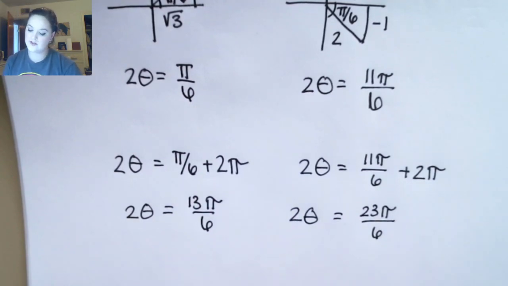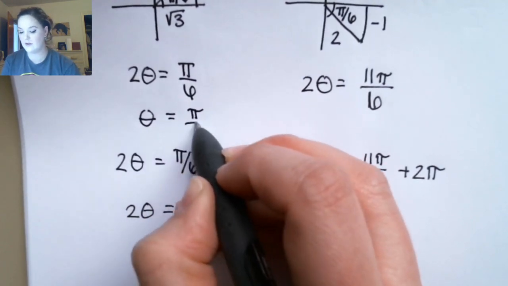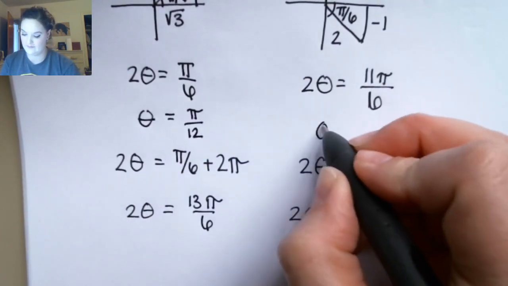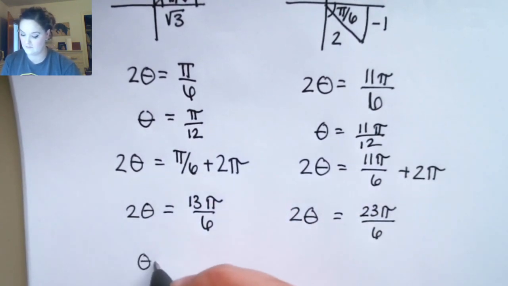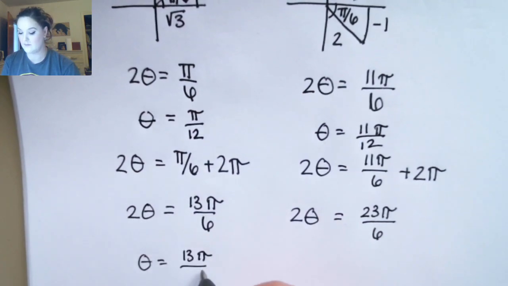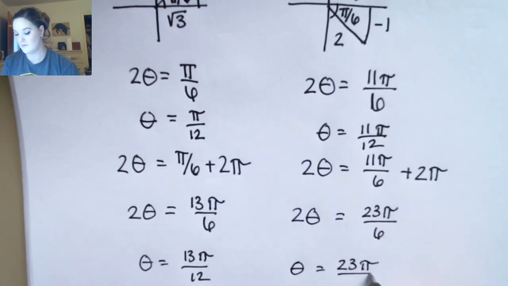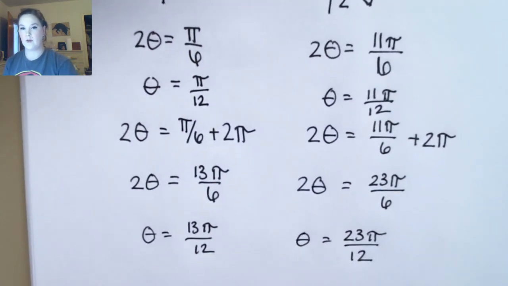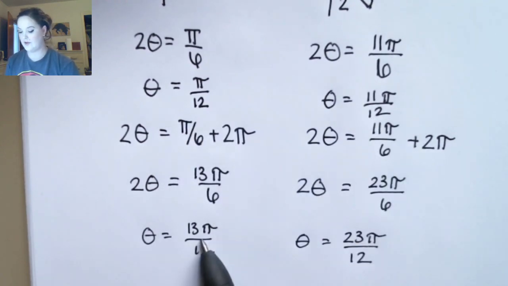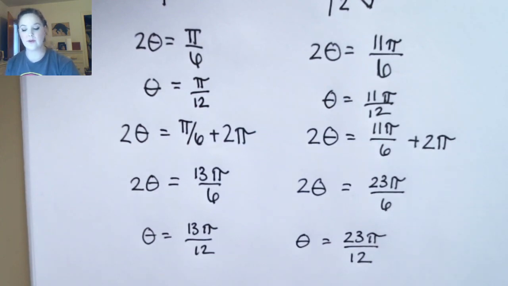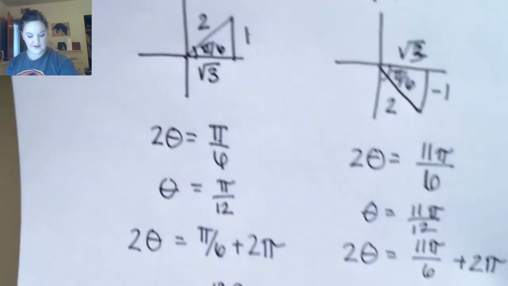Okay, and then the last thing there is to do is just divide everything by 2 to find theta. Okay, so there's my 4 solutions: pi over 12, 11 pi over 12, 13 pi over 12, and 23 pi over 12. All right, let's look at another example that has that sort of solving.